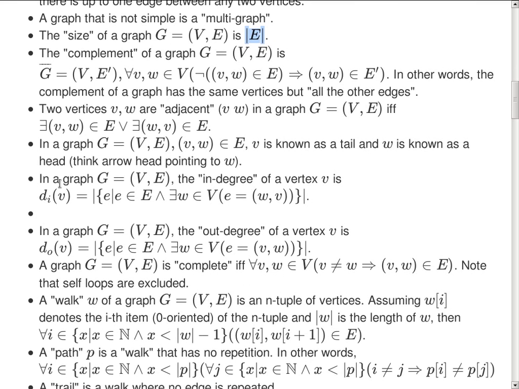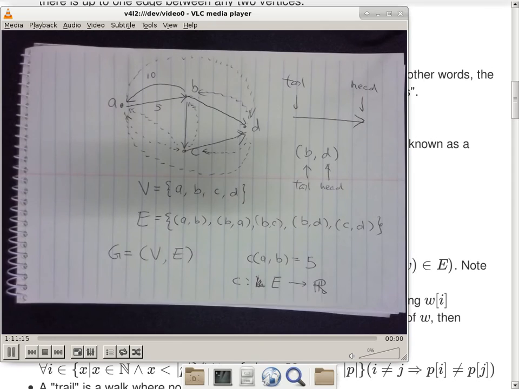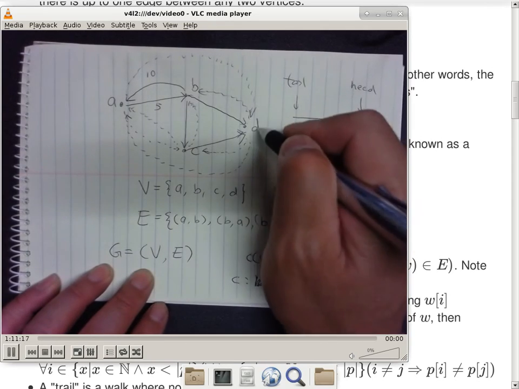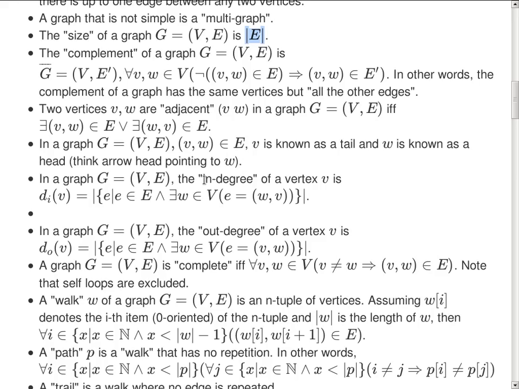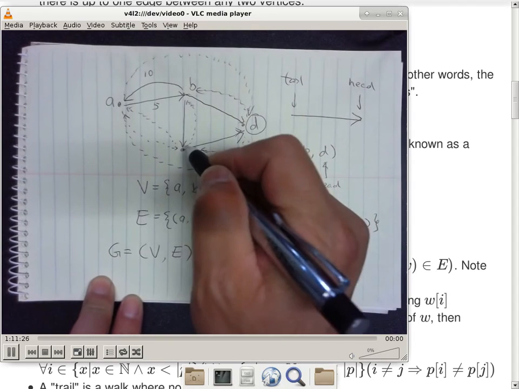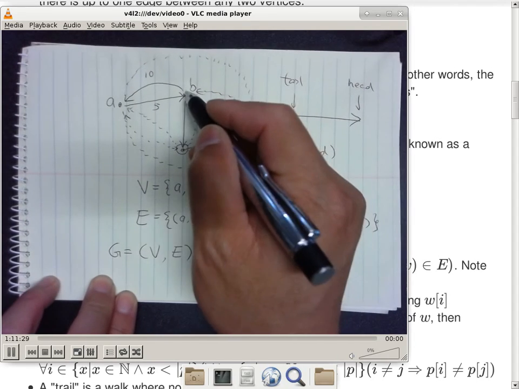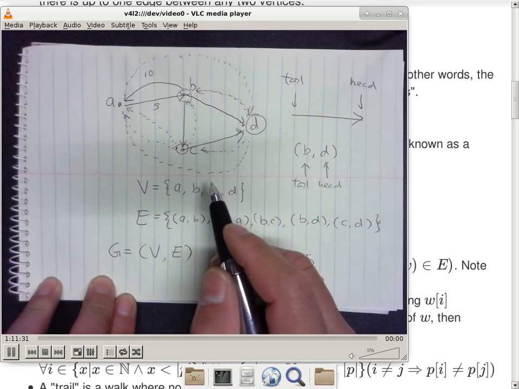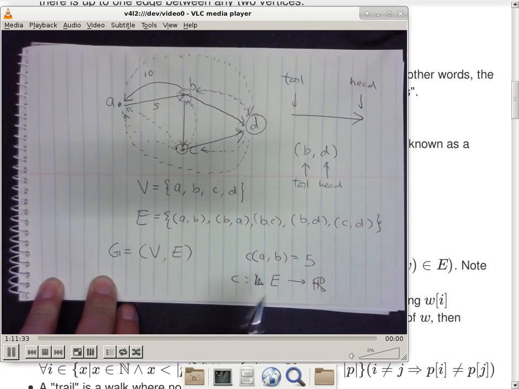Okay, so we got this one, we got the next one now. The in-degree is basically how many edges go into a particular vertex. So in the case of our graph, the in-degree of D is 2, the in-degree of C is 1, the in-degree of B is 1, and the in-degree of A is also 1.